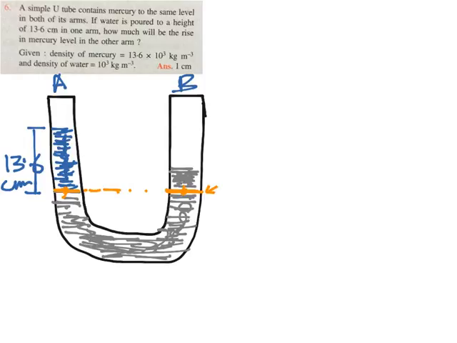Let's call this pressure P1 at this point, and this P2. Now, using the formula of pressure, pressure is equal to rho into height of the liquid column into g, because we know the pressure of a fluid depends on only two things: the height of the fluid column and the density of that fluid.